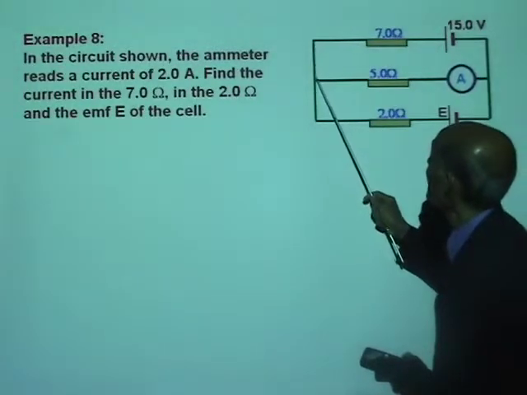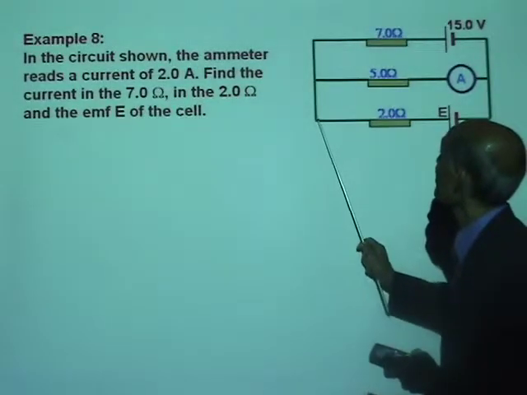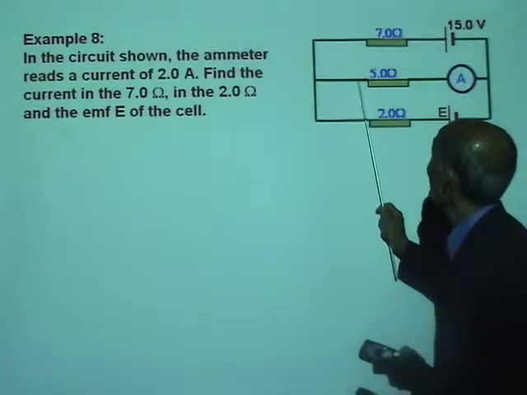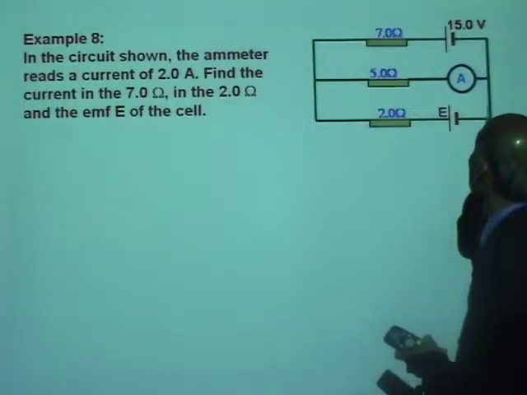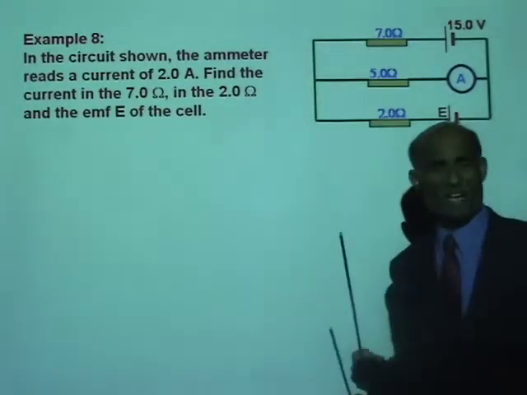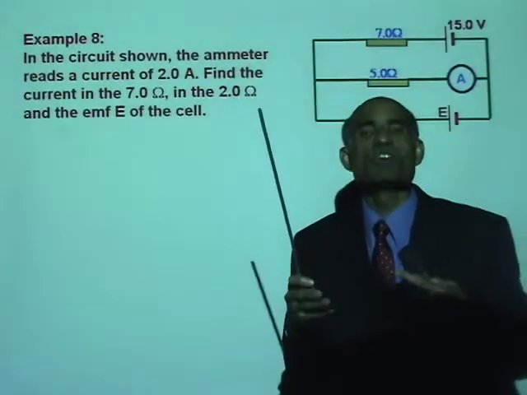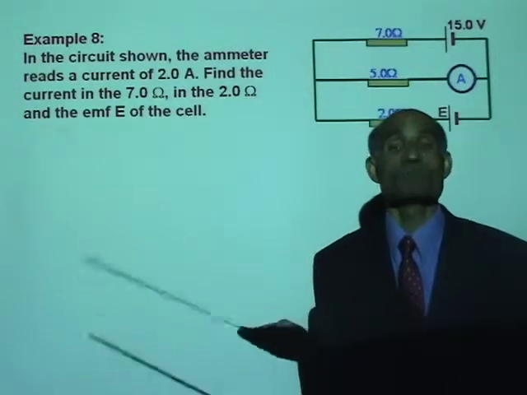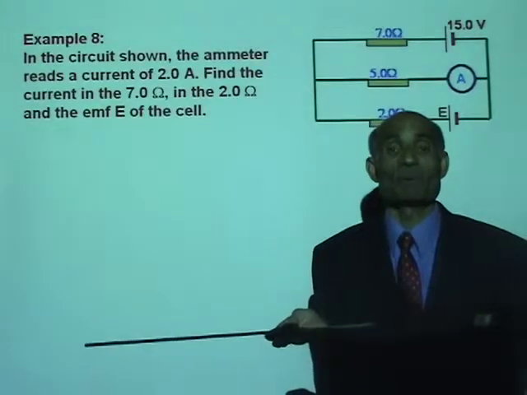It comes here, and this battery also sends a current in that direction, which comes to that junction, and they both come together and go through the 5 ohm and the ammeter, and come here and split two ways. Is that a good assumption? It really doesn't matter. Even if you make a mistake, the method will correct you, because we are using algebraic sum.